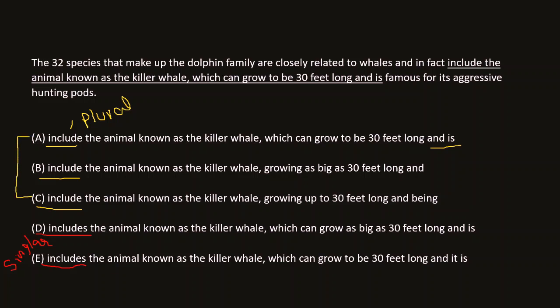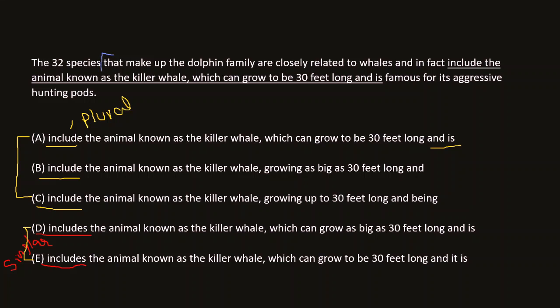And speaks is singular. You say Ram speaks. Because Ram is singular, speaks is also singular. Similarly, they speak. They is plural and speak is also plural. Now, A, B, C have a plural verb include. D and E have a singular verb includes.